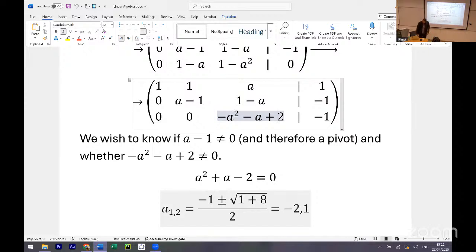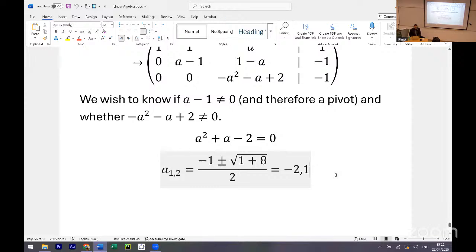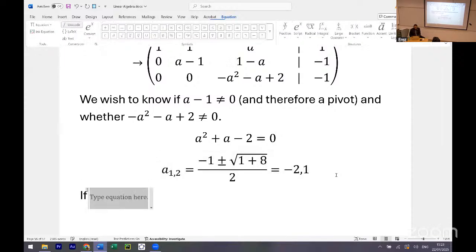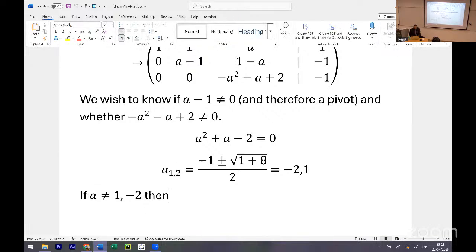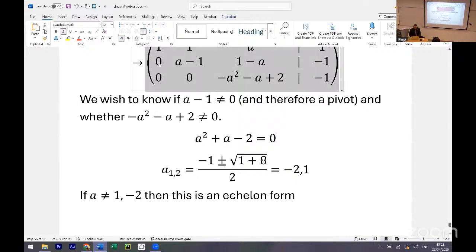And now I can say that if A is different than 1 and minus 2, if A is not 1 and not minus 2, then this is an echelon form, and I will copy it and mark the pivots.